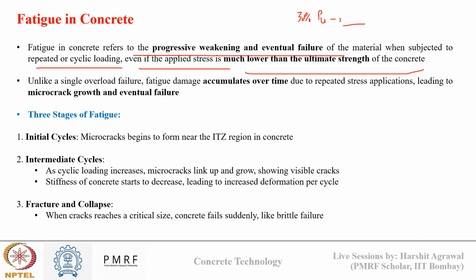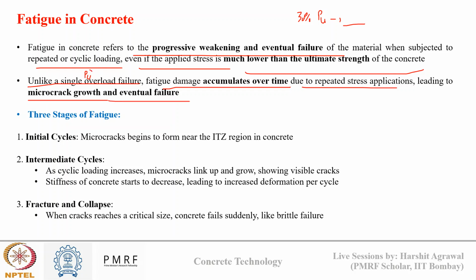Unlike a single overload failure, like applying a load of Pu, I'm applying a smaller load, 30% or 50% of Pu, for a long period of time in a cyclic manner or in a slow loading case. Fatigue damage accumulates over time due to repeated stress application, which leads to microcrack growth and eventual failure.